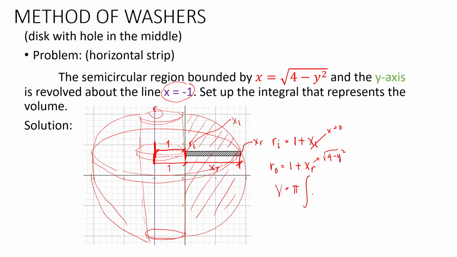Then again, we are in the horizontal strip, so that will be from -2 to 2.